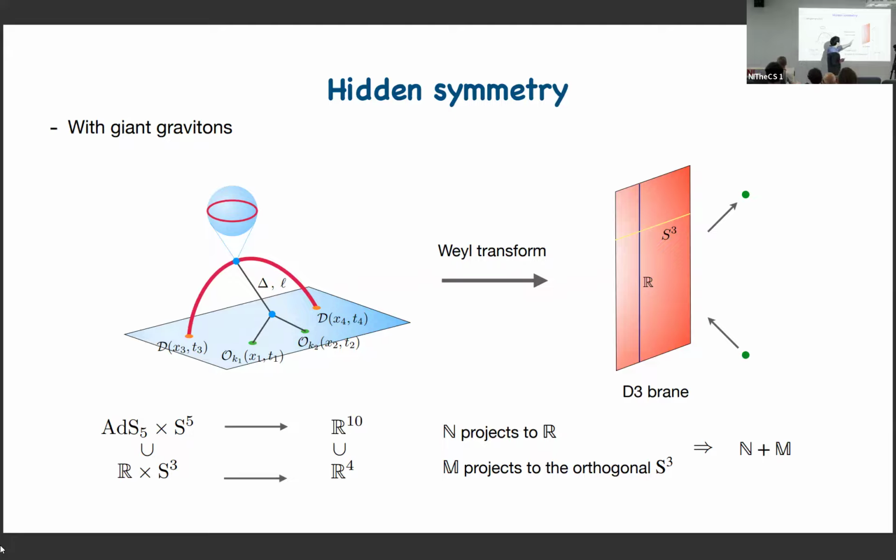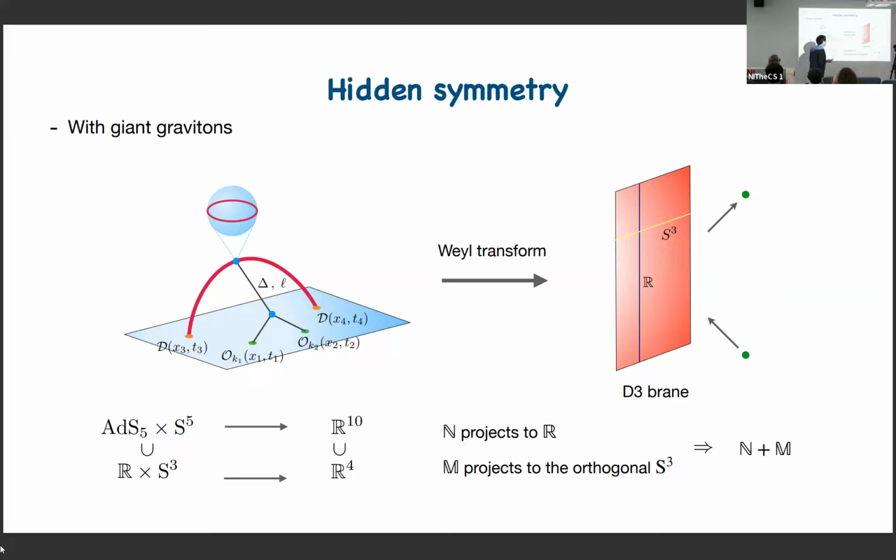So you can look at this picture. This 4D space has one component R from the projector N, and then it should also have three other dimensions from this S3.